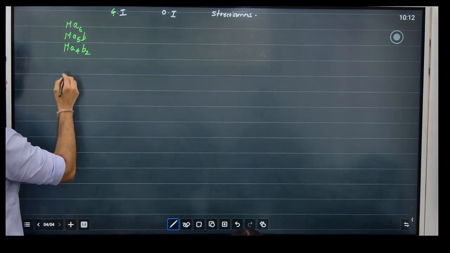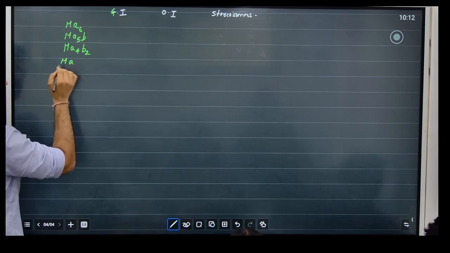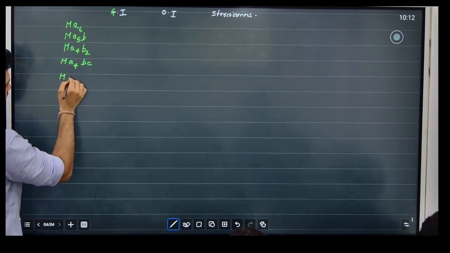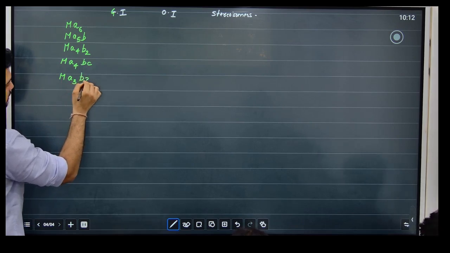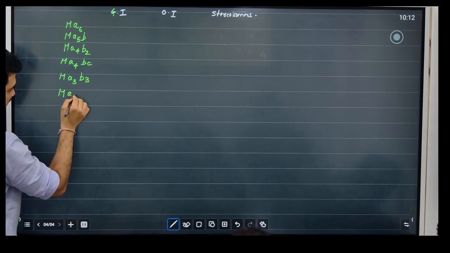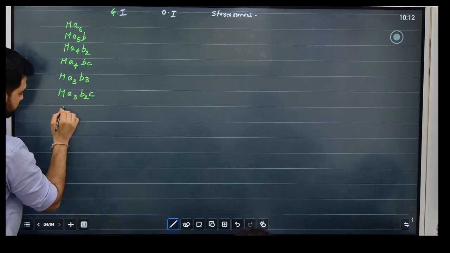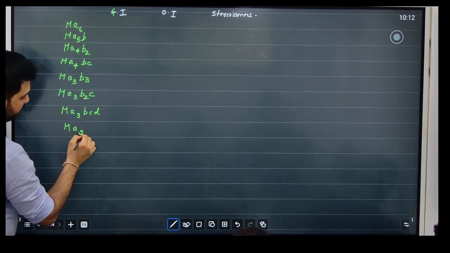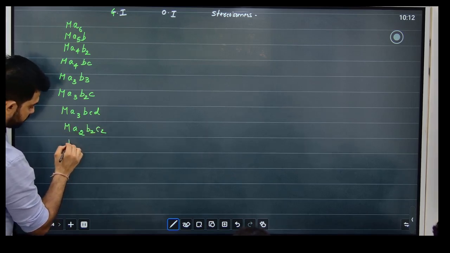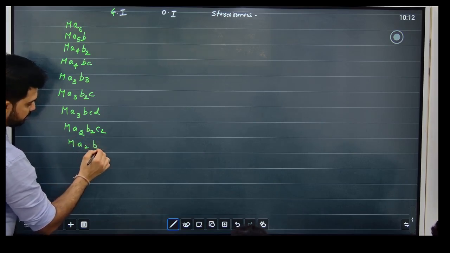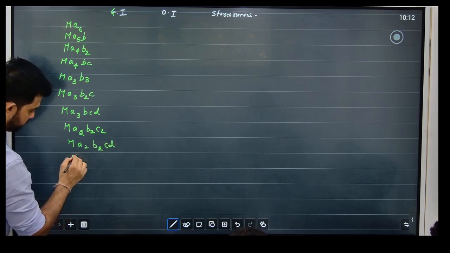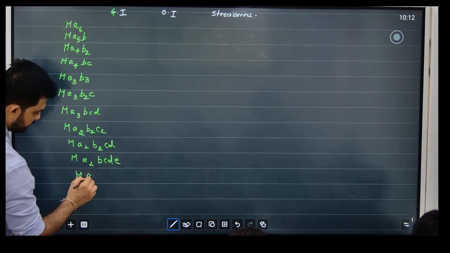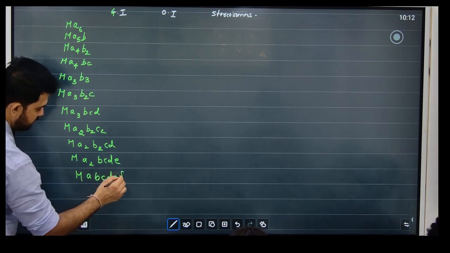After M, A4, B2, we did M, A4, BC. Then after that we did M, A3, B3. After that we have M, A3, B2, C. Then we have M, A3, B, C, D. एक और कर सकते थे, but M, A2, B2, C2. M, A2, B2, CD. M, A2, B, C, D, E. And last one M, A, B, C, D, E, F.